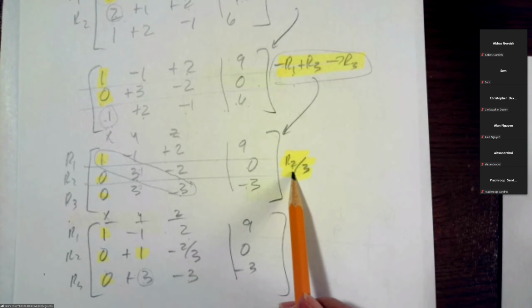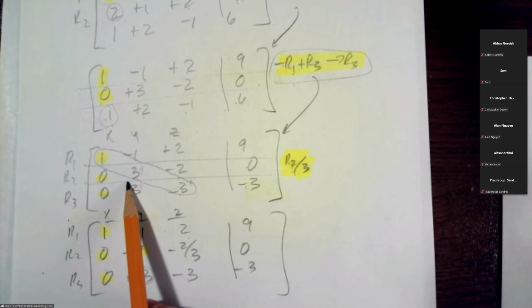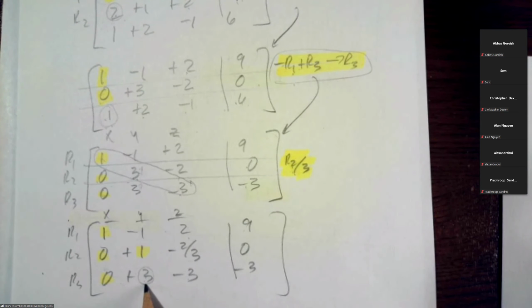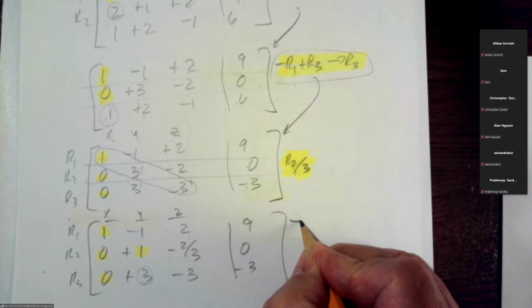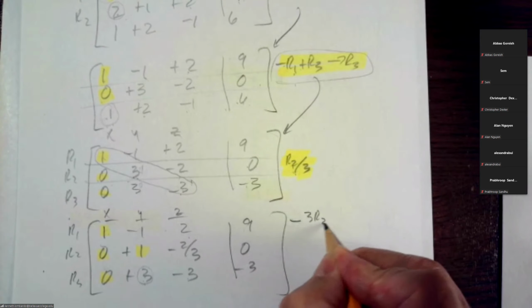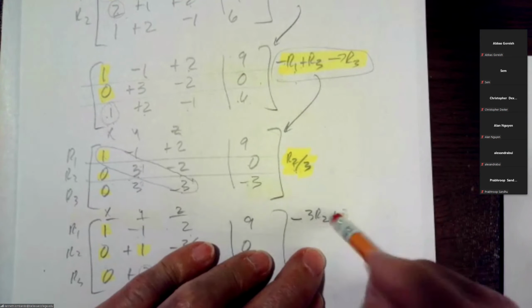Let's see, negative 3, row 2. If I wanted to get this to 0, I guess I could say negative 3, row 2, and add that to row 3.